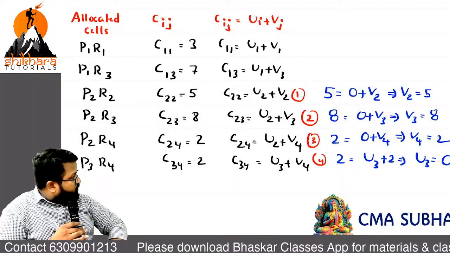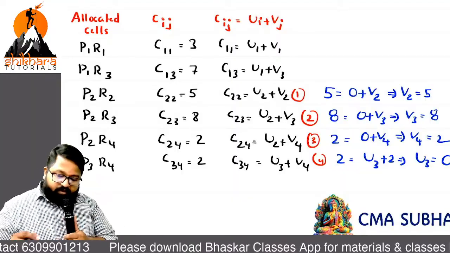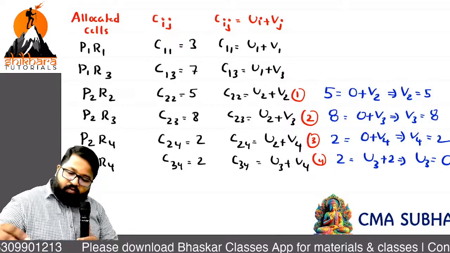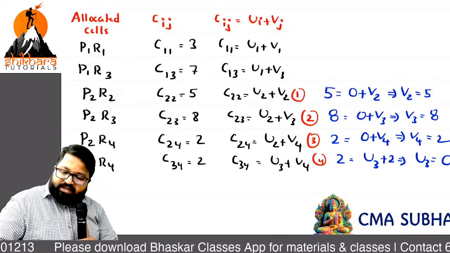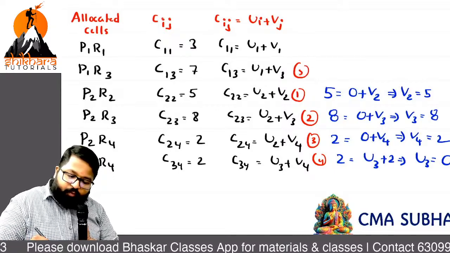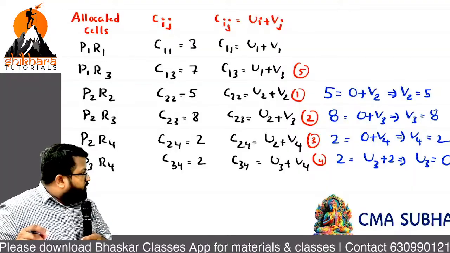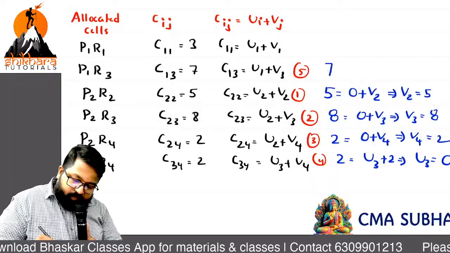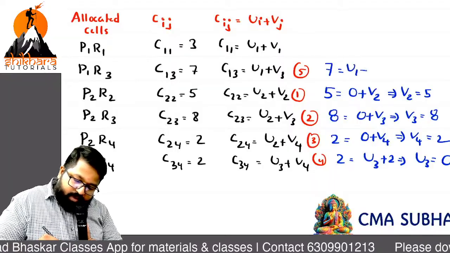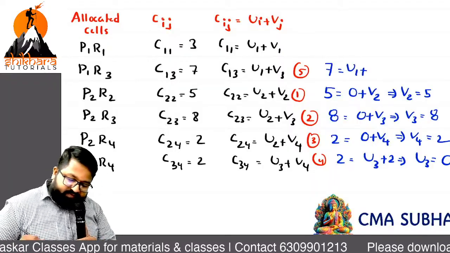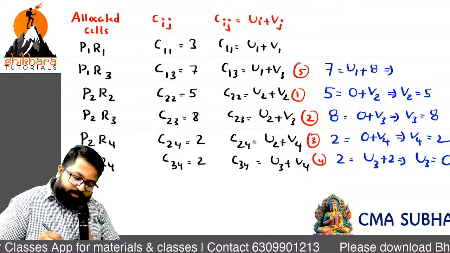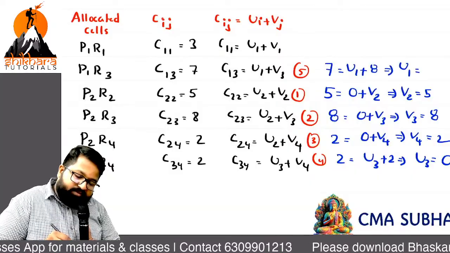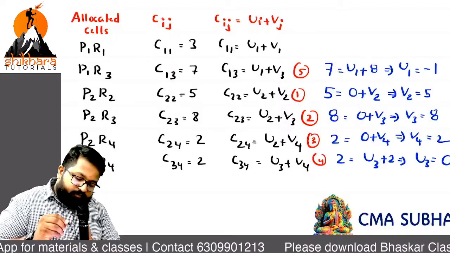Now can we unlock any other equations? We can unlock the second one. 7 is equal to U1 plus V3, that is V3 value 8. That implies U1 is equal to minus 1.